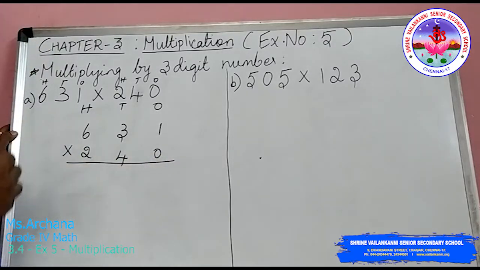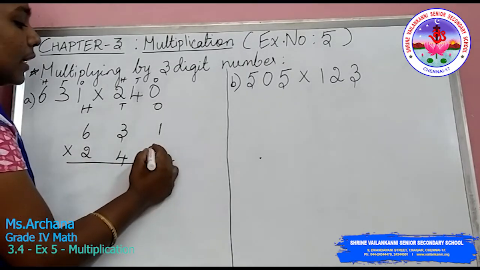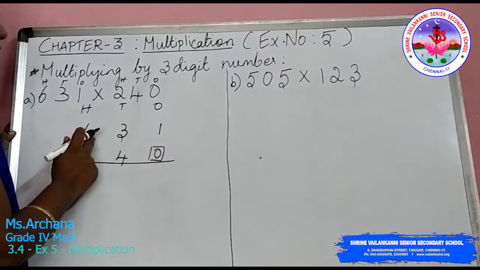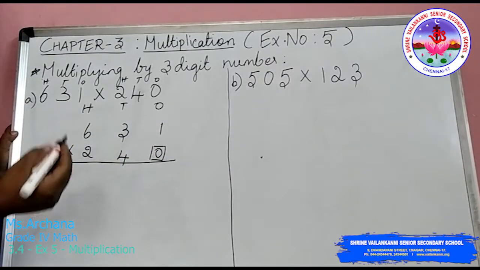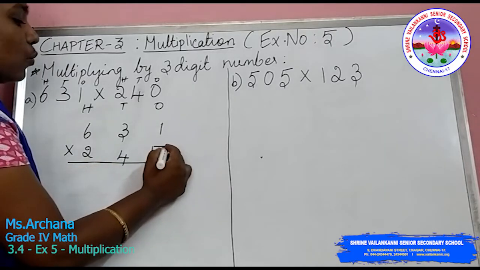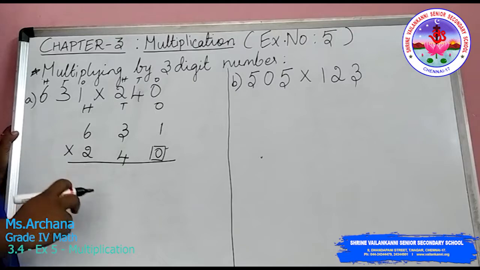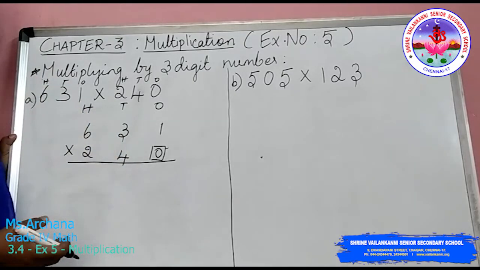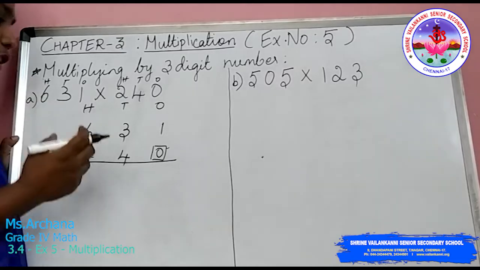Okay. So first you will start multiplying from the ones place value. That is, this 240 has to be multiplied with 631, and you will start from one place with another place. So first I am taking the ones place. In the ones place I have 0. Any number multiplied with 0 gives a product of 0.